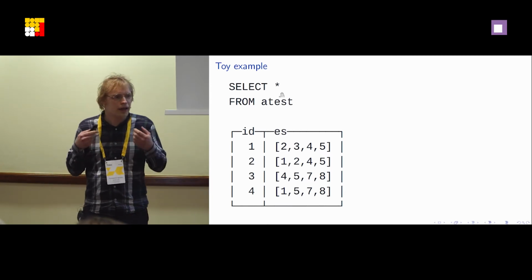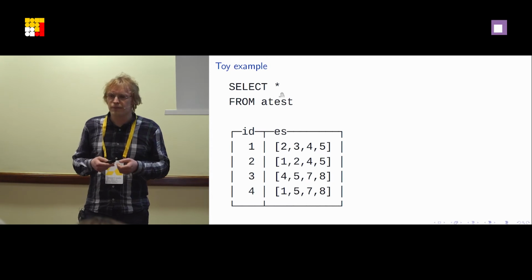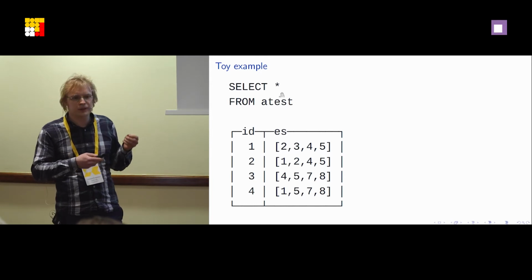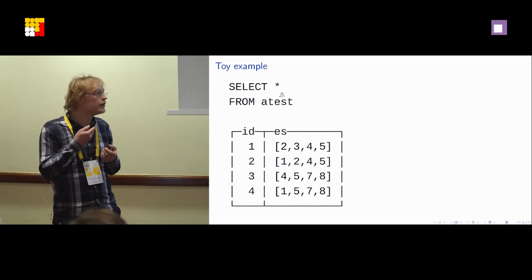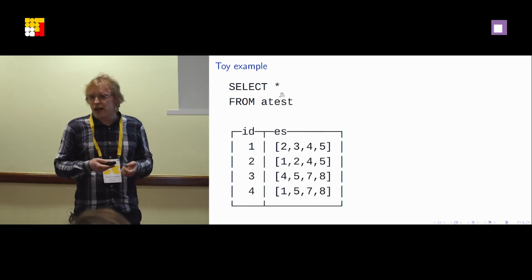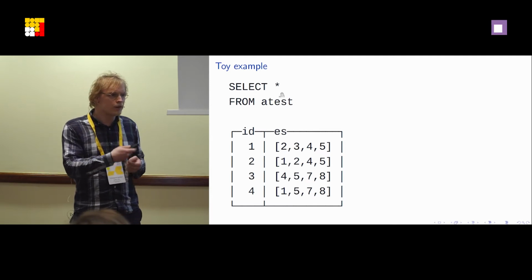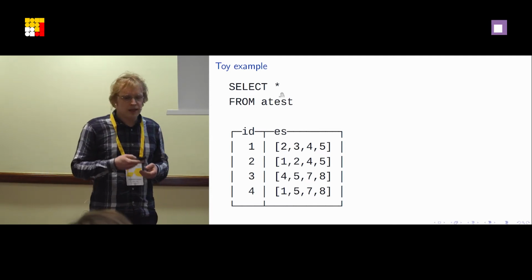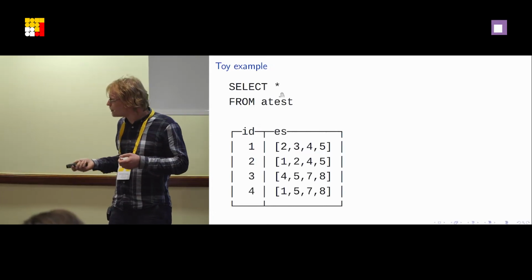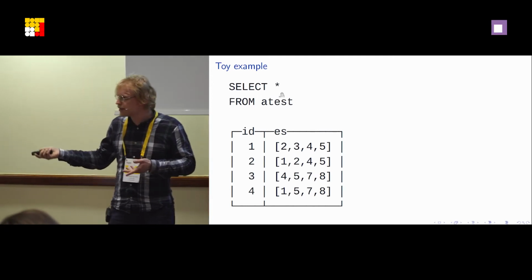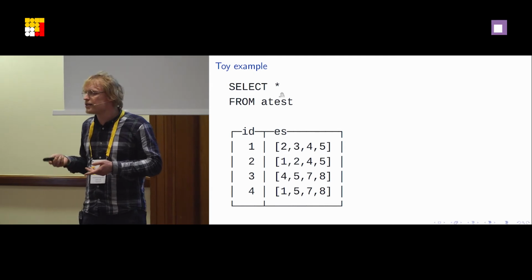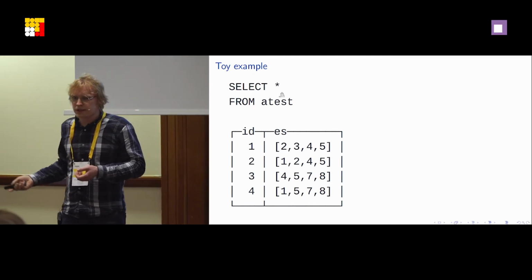We can mine and find patterns of very different kinds. For example, we may be interested not only in occurrence of some ID or product, but in a sequence in which those products were bought. So, for example, this could mean IDs like receipt, and numbers in the second column are like product IDs in that receipt.